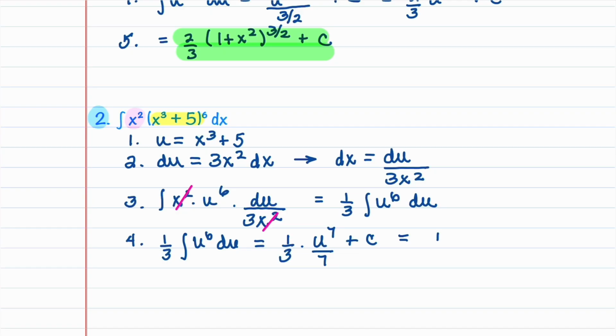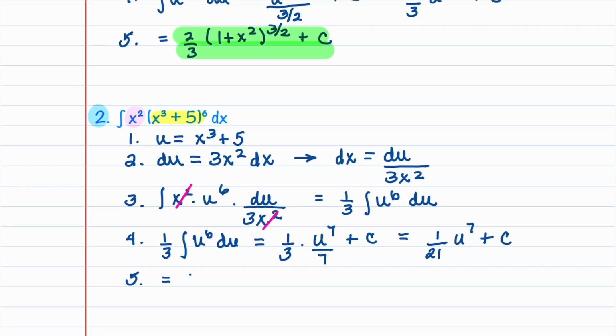And we have 1 over 21 u to the 7th plus c. Our last step now is to rewrite this in terms of x. And our answer is 1 over 21. For u, we substitute back in x cubed plus 5, raise it to the 7th power, and then add c. And there's our answer.